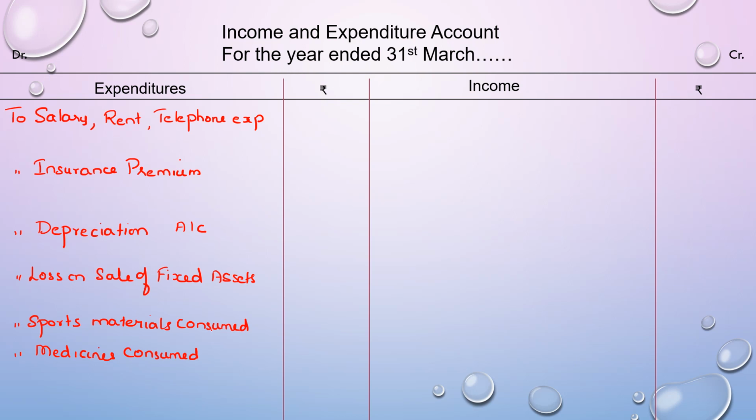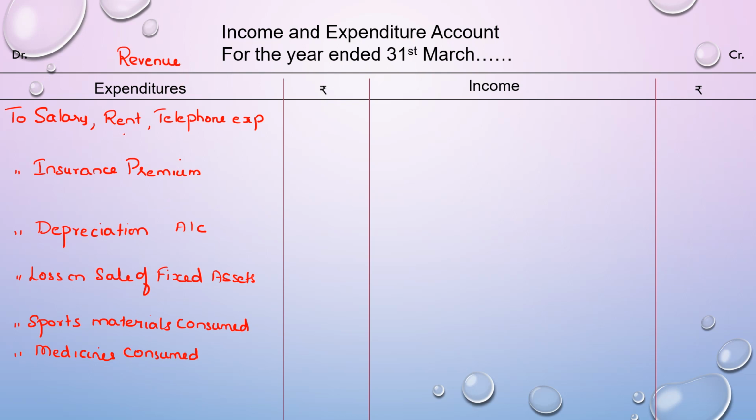Out of that, we are going to segregate those which are of revenue in nature comes into the income and expenditure account. So basically, items of revenue in nature are put on the debit side of the income and expenditure account. Revenue expenditures are those expenditures which give the benefit during that accounting year.